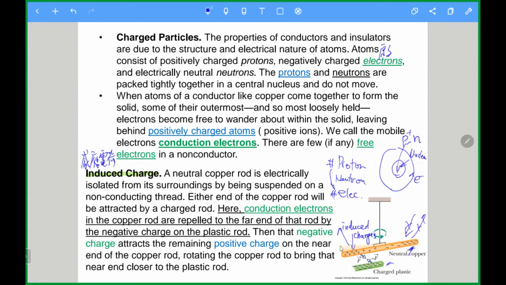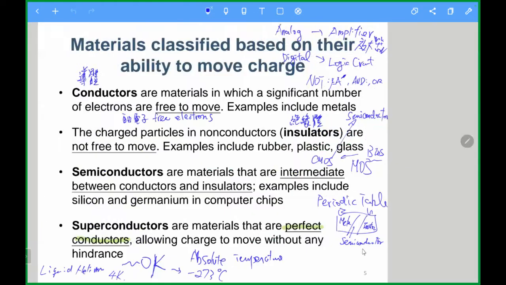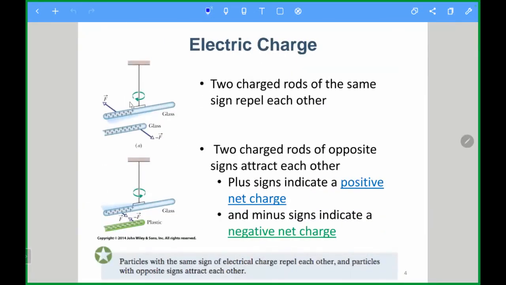Of course, for insulators we don't have this phenomenon, because glass and plastic are insulators, or non-conductors. So there will not be any induced charge. If you just put it there, the positive charge cannot go and the negative charge cannot go away either.